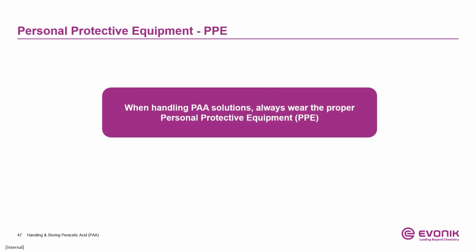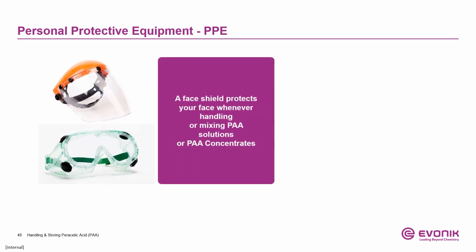When handling PAA solutions, always wear the proper personal protective equipment, also known as PPE. Protect your eyes by wearing chemical-type goggles whenever handling or mixing PAA solutions or PAA concentrates. A face shield provides an additional level of protection.